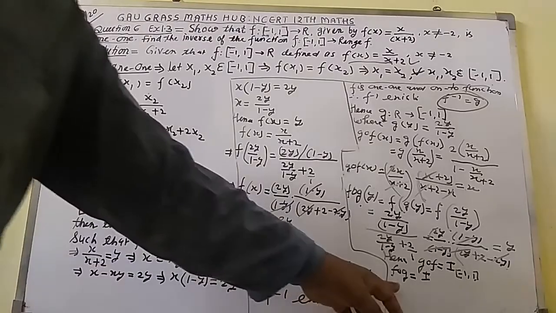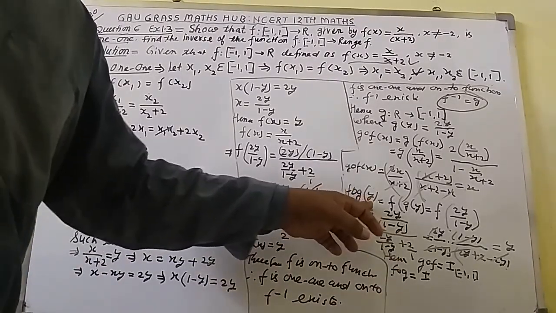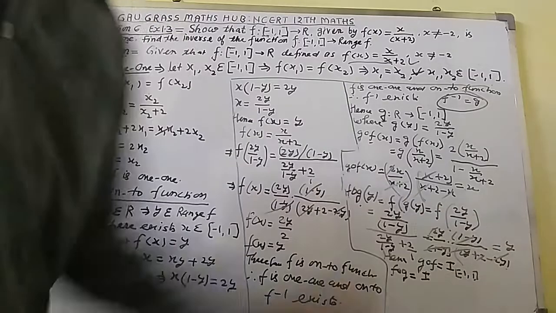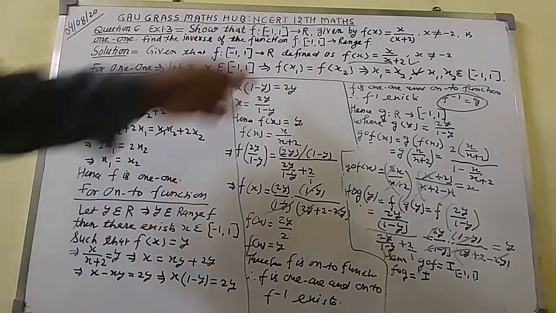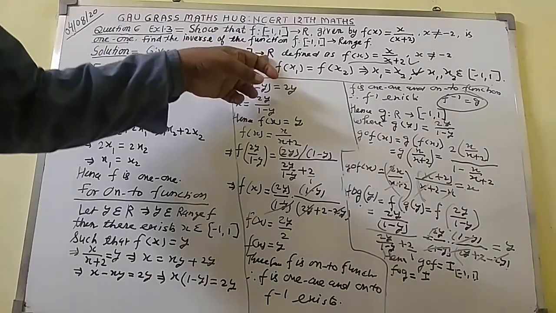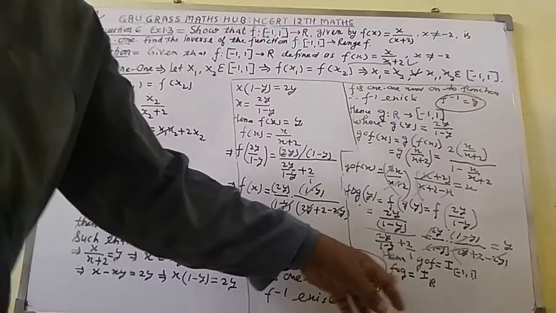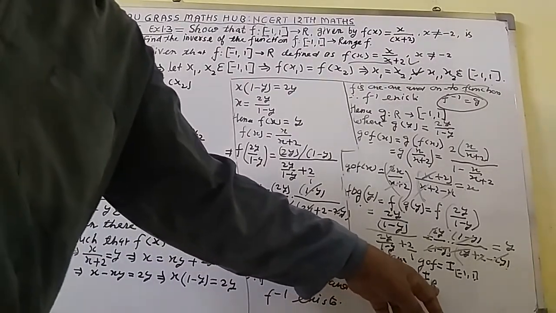Here you can see in f o g, f of g(y) equal to y. So y is related to the range, the range capital R. f o g equal to identity function on capital R.